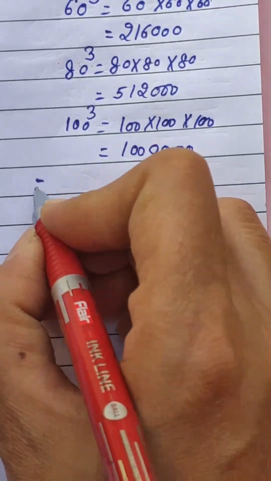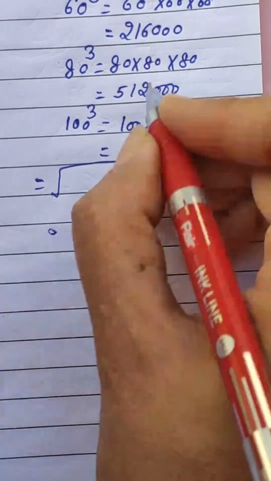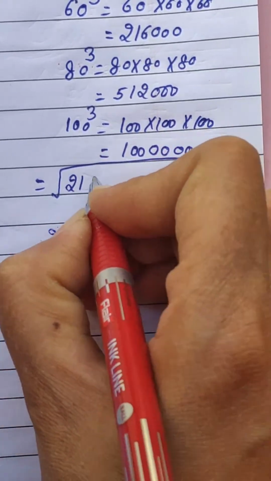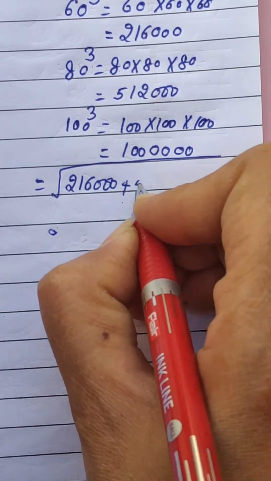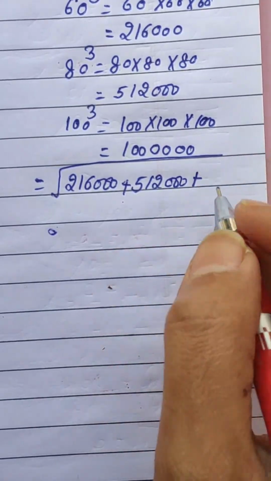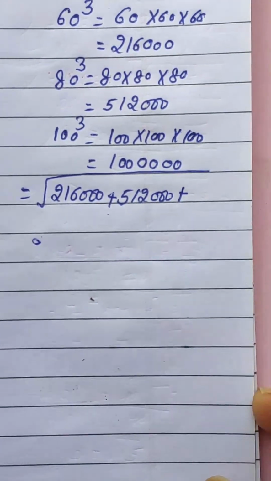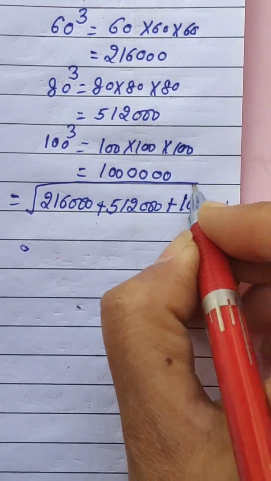So now the first one is 216,000, right, plus 512,000 plus 1,000,000. Correct?